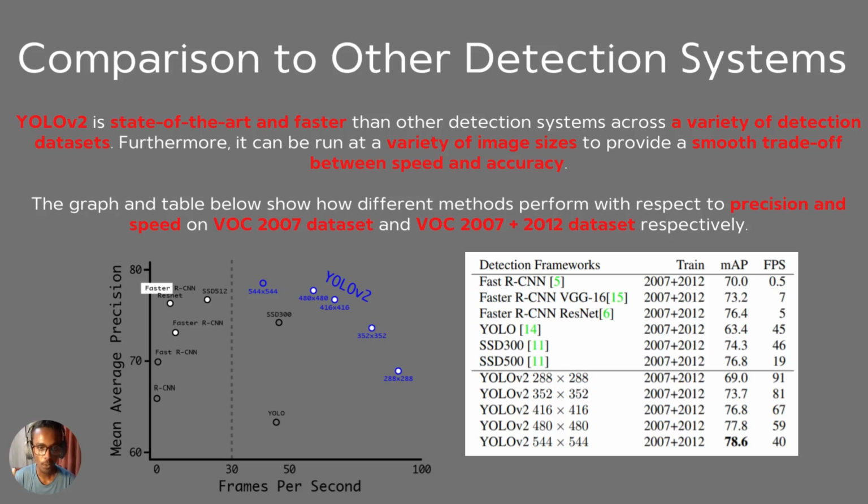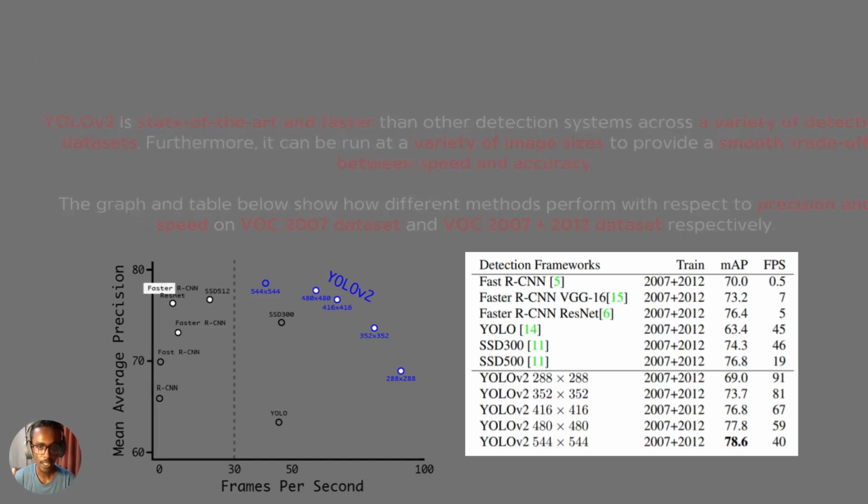And you can see that the performance of the YOLO v2 model at the higher resolution of 544 is actually 78.6 at 40 frames per second. And this is actually very, very high compared to YOLO v1, and even Faster RCNN.